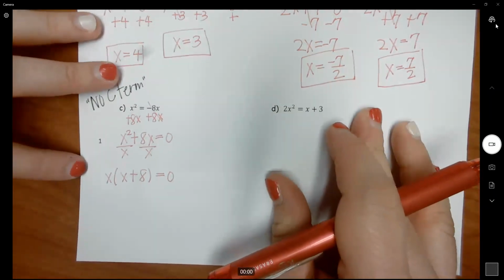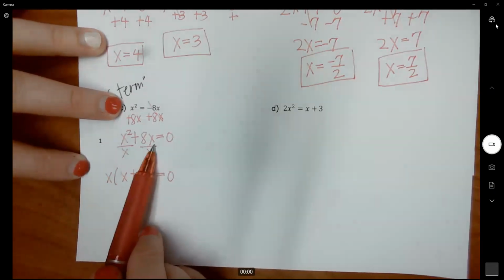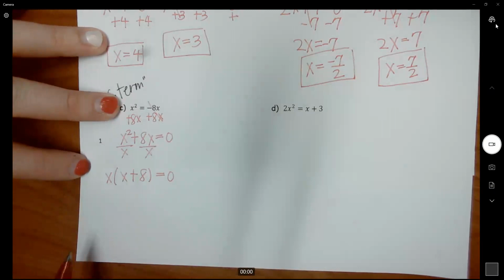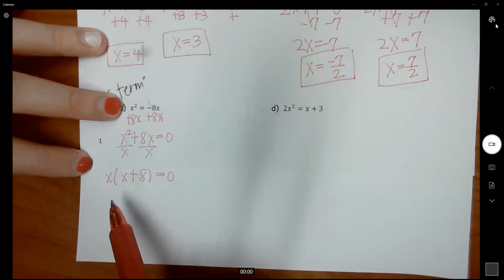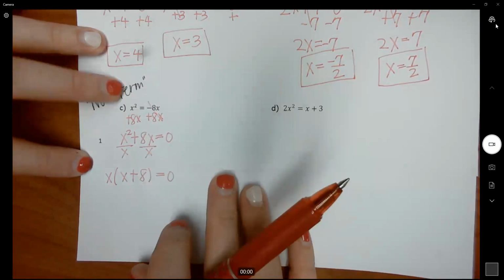If you are to distribute this back, x times x is x squared, and x times 8 is 8x. This is in factored form. I can't break that down anymore. So by factoring out that GCF, I have now factored this out.